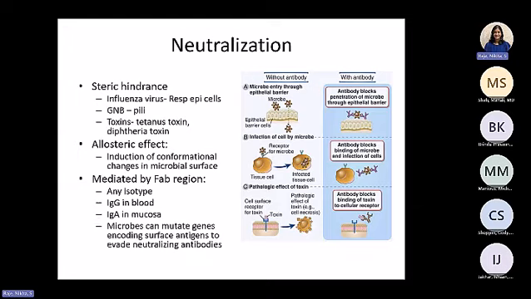That means it interferes physically with that particular region. Or if there is an antibody that binds to the pili of the gram-negative bacteria, the pili cannot bind to the surface. Or for influenza virus, these antibodies bind to the influenza virus so that they cannot interact with the respiratory epithelial cells.